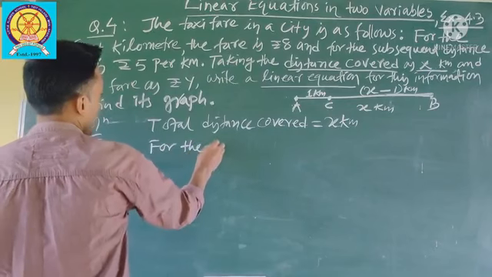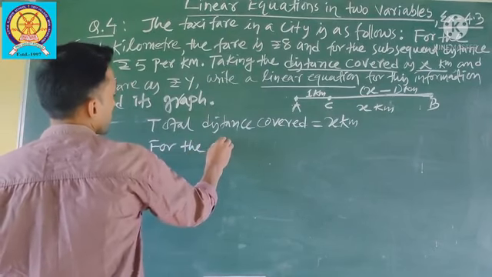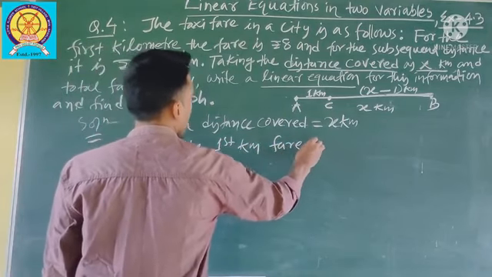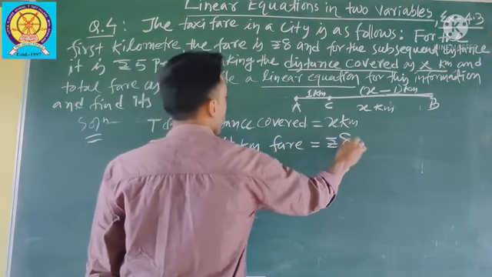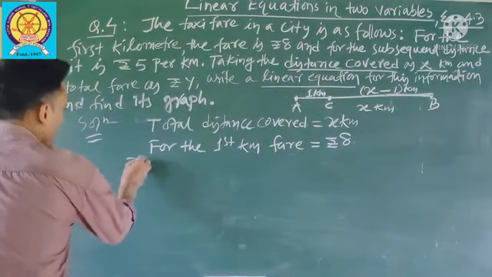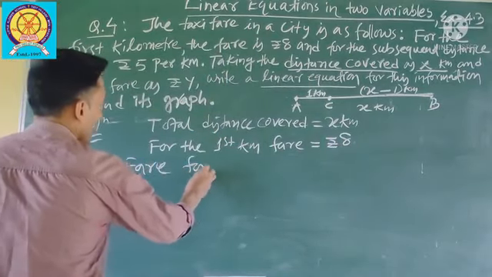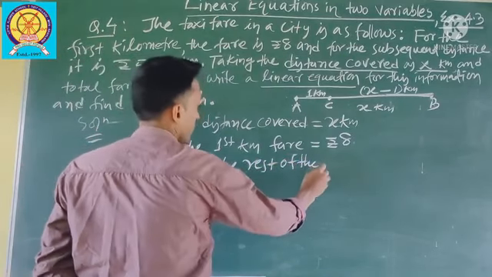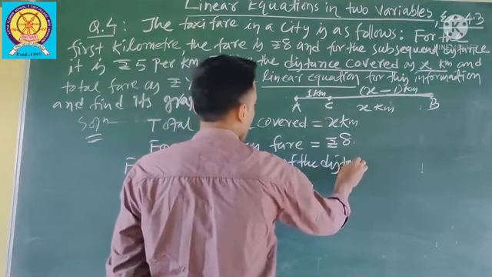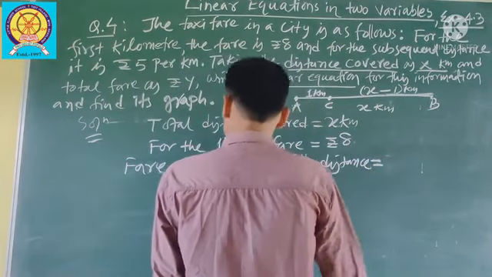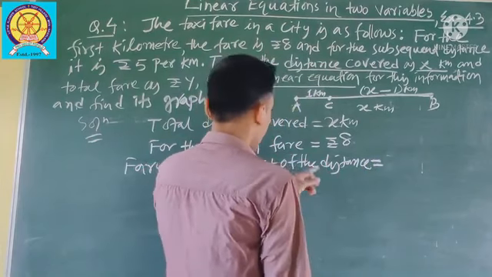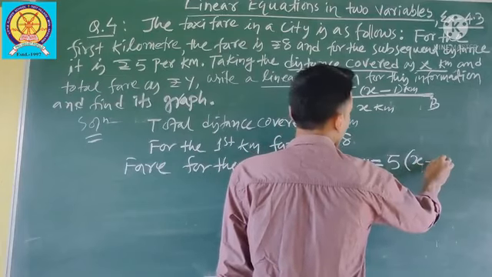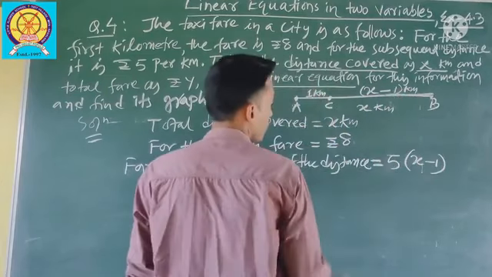Fare for the rest of the distance is rupees 5 per kilometer. So the rest of the distance, how much? x minus 1.